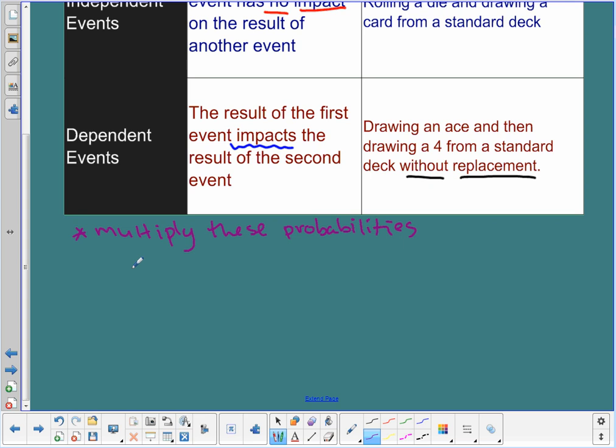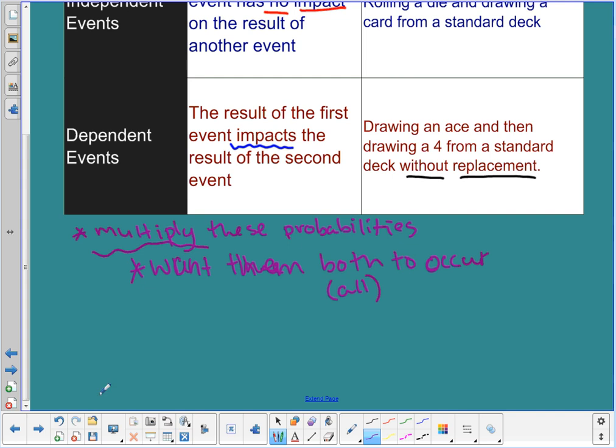We want them both to occur. Sorry, my handwriting is not well today. Or I should say all, because there may be more than two. We want them all to occur. Okay, so we're going to be multiplying probabilities today.